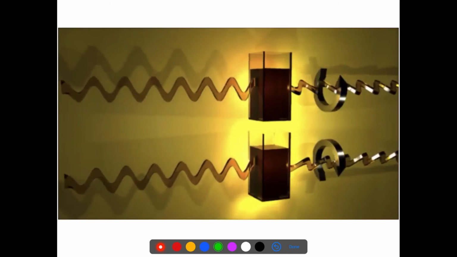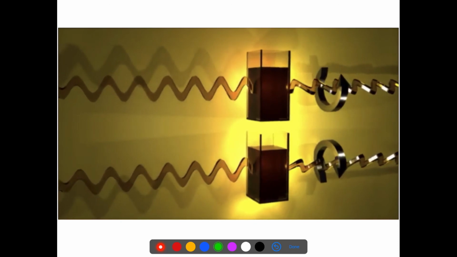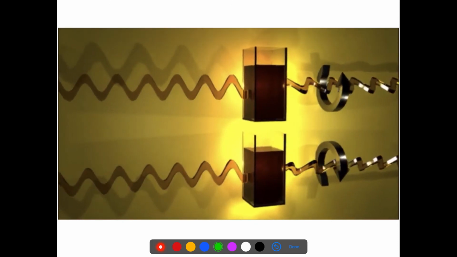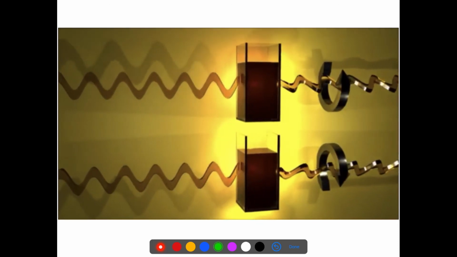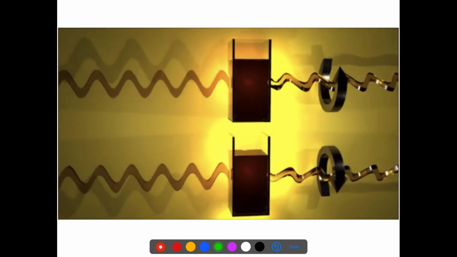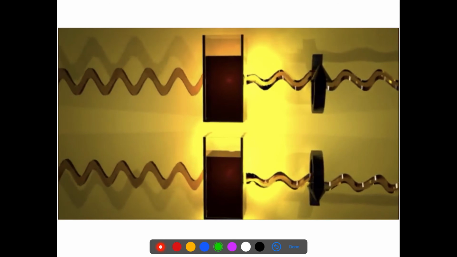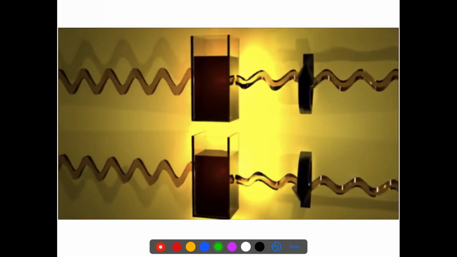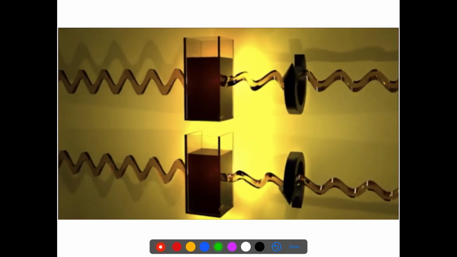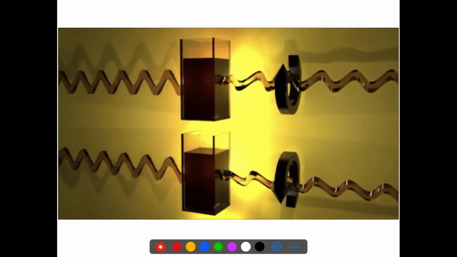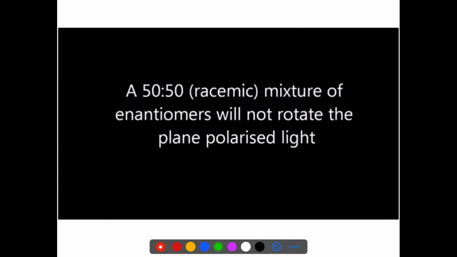Now, once you have this plane polarized light, if you pass it through one of the stereoisomers from a pair of stereoisomers, then it will rotate the light coming out by a certain angle. And if you pass it through the other stereoisomer from a pair of enantiomers, it will rotate it the other way. And so a polarimeter detects these rotations and can identify the isomer you have.